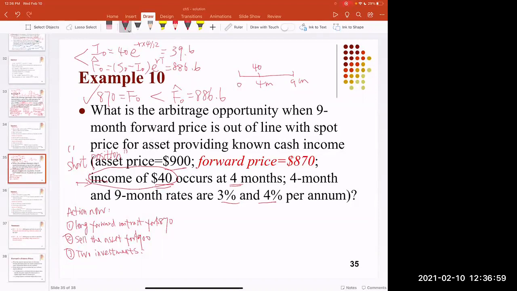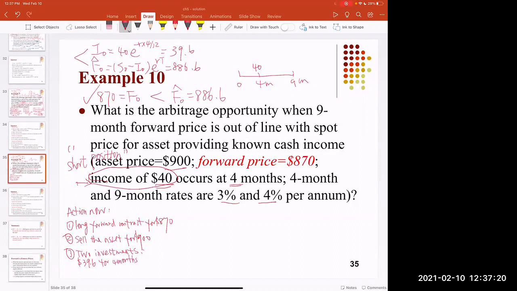So to be able to pay this $40, we can invest at time 0. How much money do you invest? $39.6 you invest today. And in 4 months, you're gonna receive $40 for the short-term investment, okay?